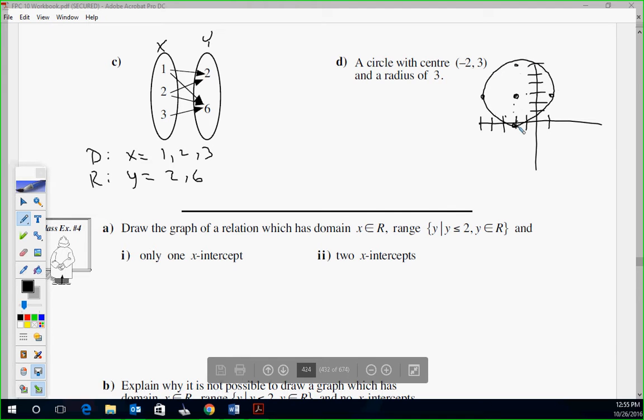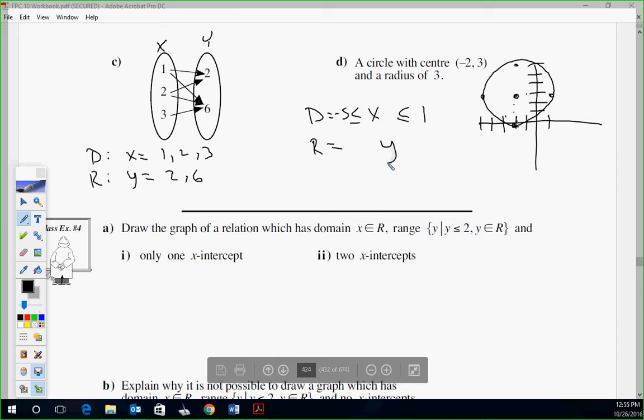So what's the domain and range of that guy? Well, based on my points, again, it's going to be a circle, so it's between. So my domain here is -5 to 1. This distance here.